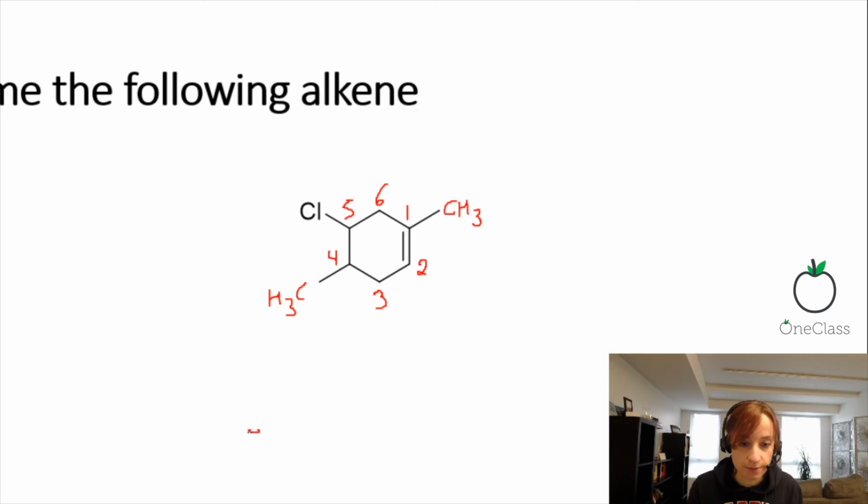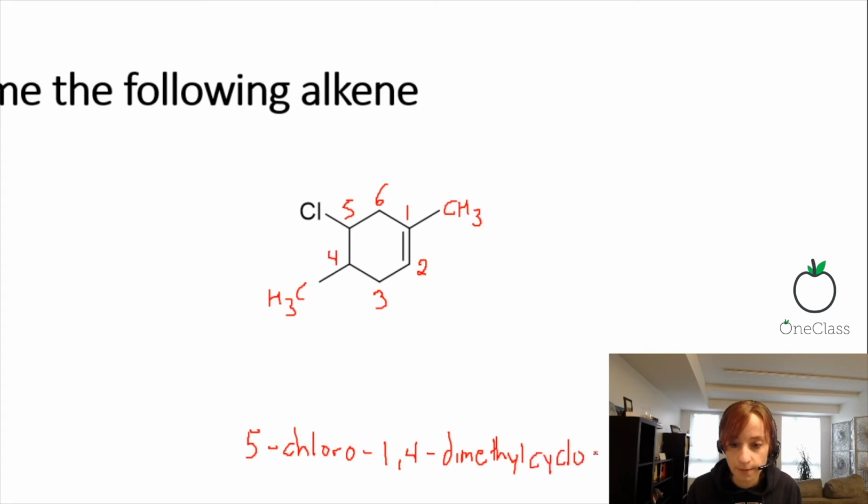So we're going to start with 5-chloro, and then the methyl groups. So then it is 1,4-dimethyl. So C before D, so that's why the chloro is named first. And then we are in a cyclohex, and it's ene. E-N-E is your ending here because of the alkene.